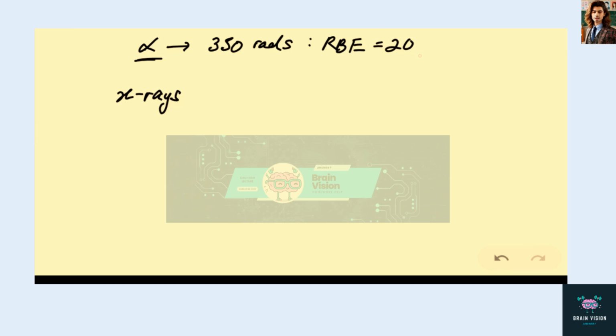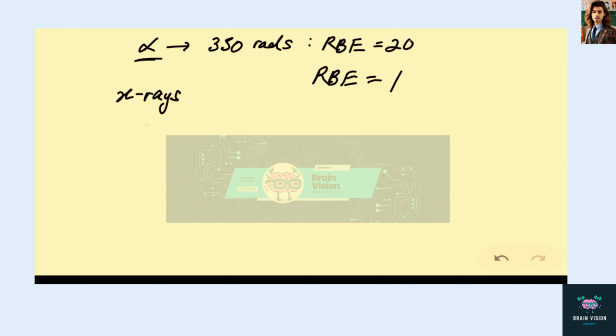So it means that it is actually 20 times more effective in inducing damage compared to X-rays, right? Where X-rays RBE is actually only close to 1. So it means that we will need 20 times as much of X-rays in order to get the same amount of damage as alpha particles.